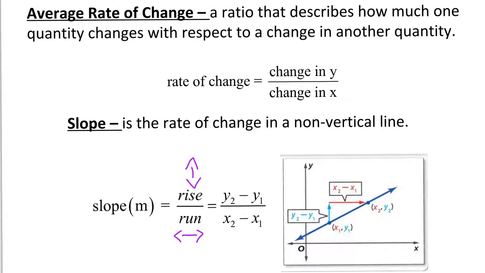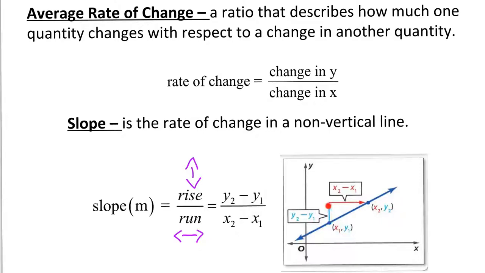When you want to move from one point to a second point, you look at the direction you need to go. In this case, you go up and then you go to the right. To find the rise and the run, you count how many units you have to go up and how many units you have to go to the right, and you put those values in the numerator and the denominator of the fraction.